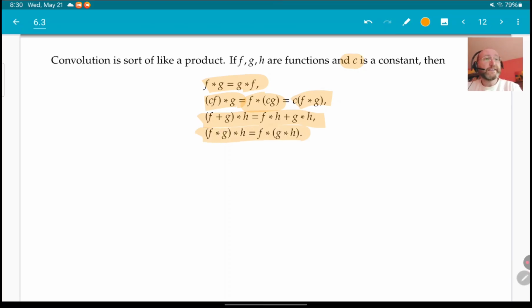And it's associative, so I can do this in any order if I'm convolving several things at once. These are just proved by calculus. You could just write down these integrals on both sides and see that they're the same, no matter what the functions are.